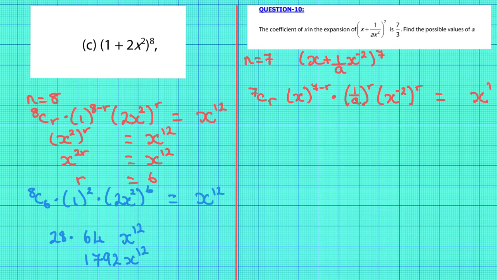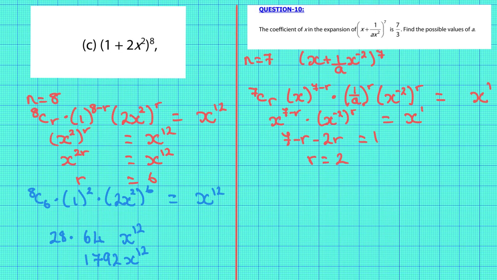To find r, I get x to the power of 7 minus r, x to the minus 2 to the power of r must equal x to the power of 1, giving 7 minus r minus 2r equals 1, r equals 2.